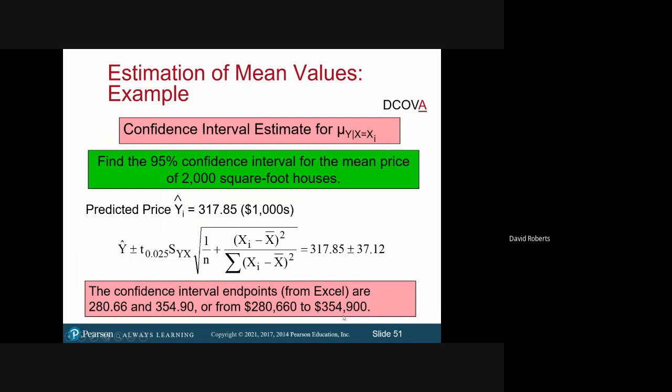So you're 95% sure the house is going to sell within this range, but that's a pretty big range for this house. On the low end, it's going to be 280. On the high end, it's going to be almost 355,000. So if you need to sell the house for at least 280, you should be good to go. And you're not likely to get above 354.